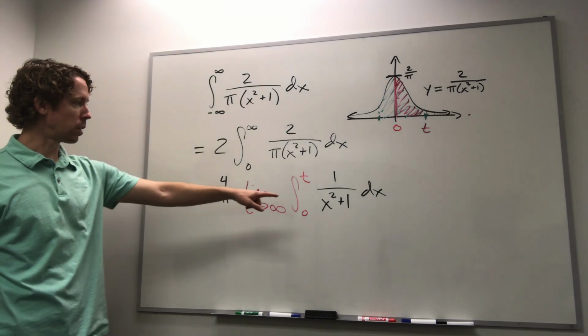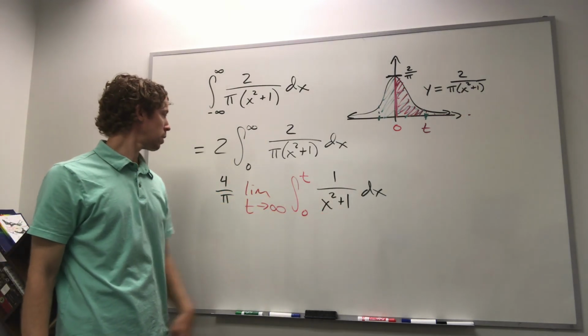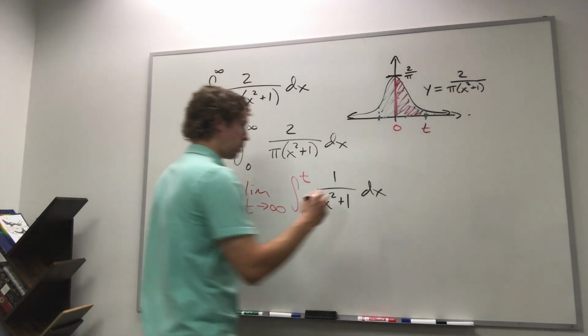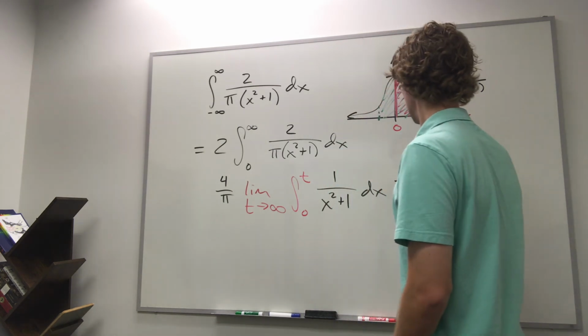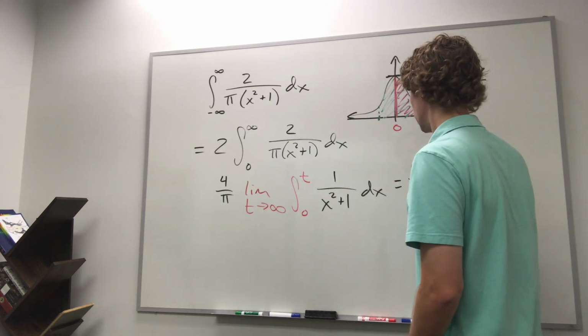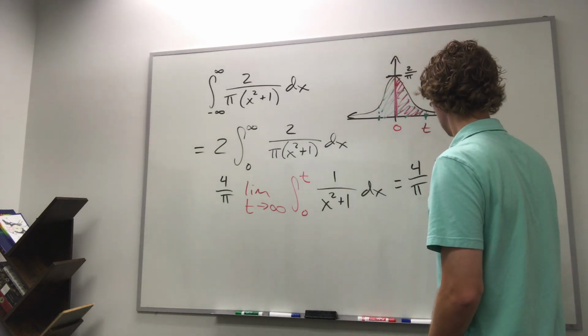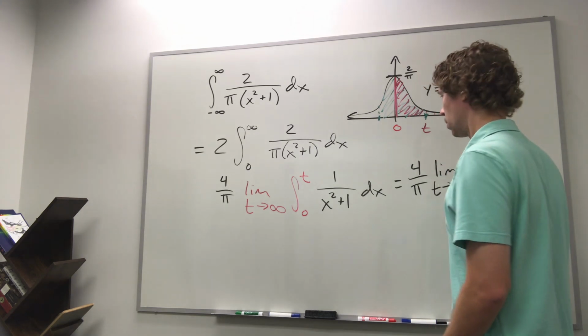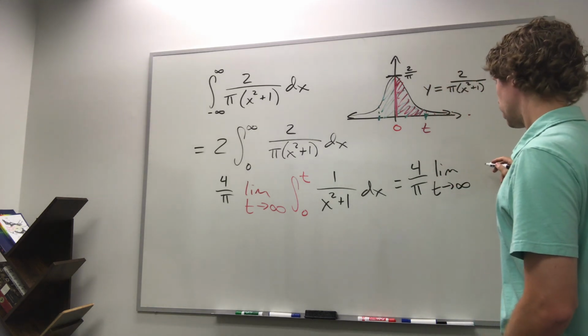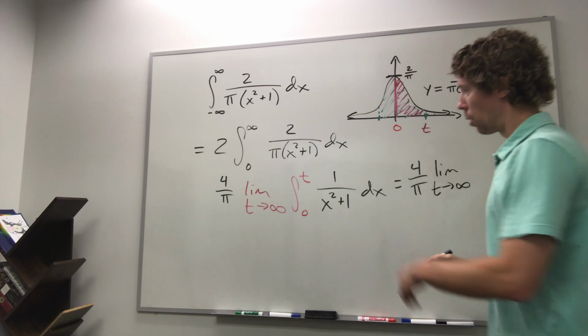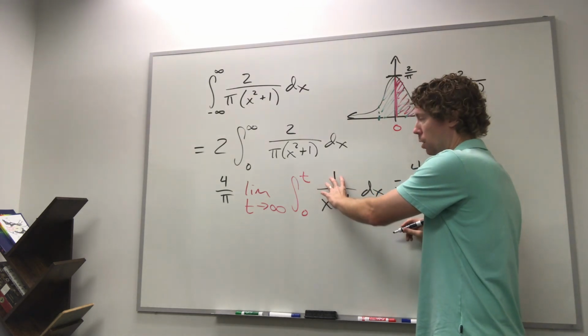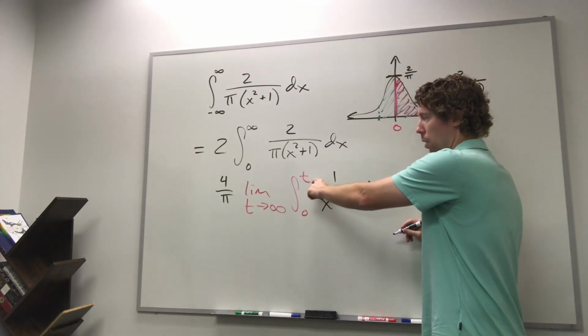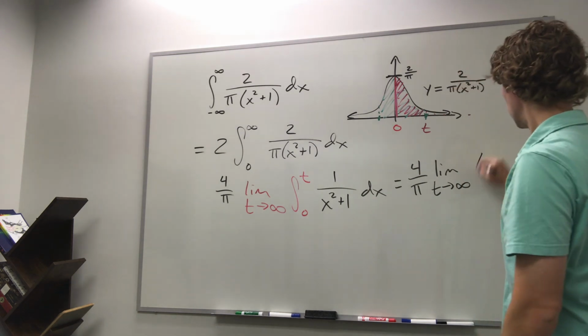All right, if I integrate this function, I get arctangent of x. So I've got arctangent of x for the antiderivative. I plug in t and 0 into that.